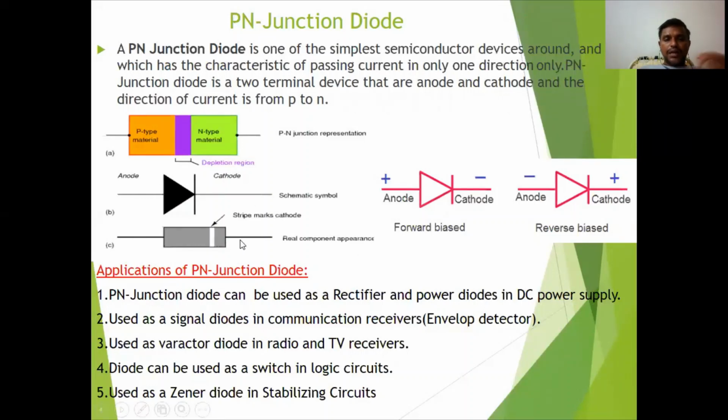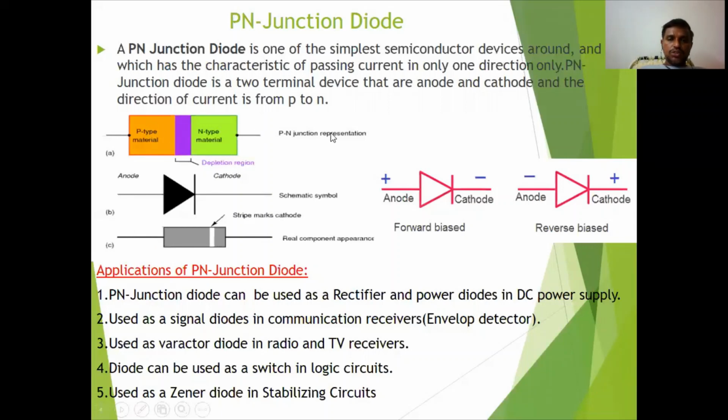In the lab, the diode structure will be like this itself. So whatever that silver-coated circle is, we will consider it the negative or cathode terminal, and the opposite side we will consider the positive terminal.